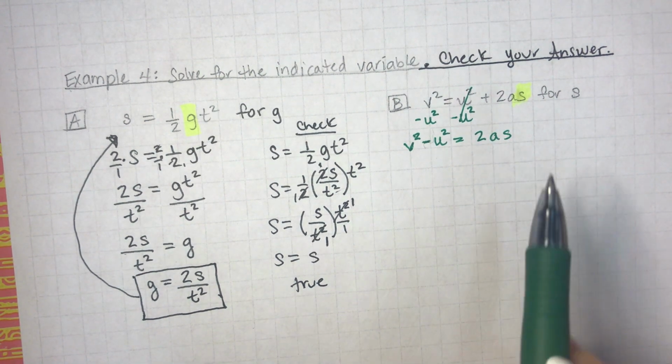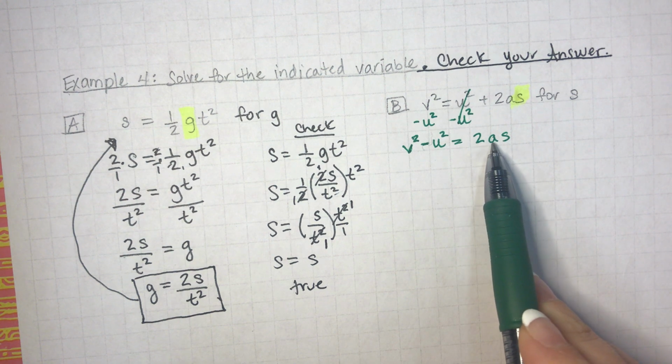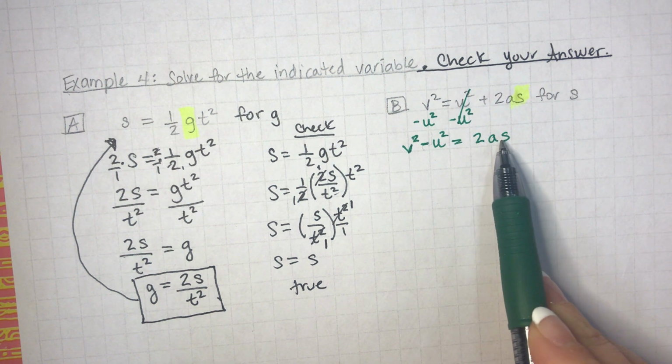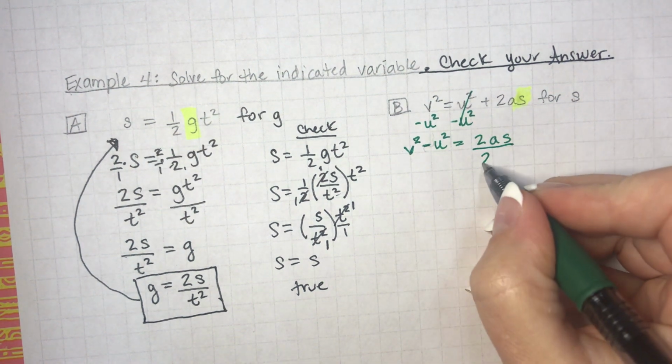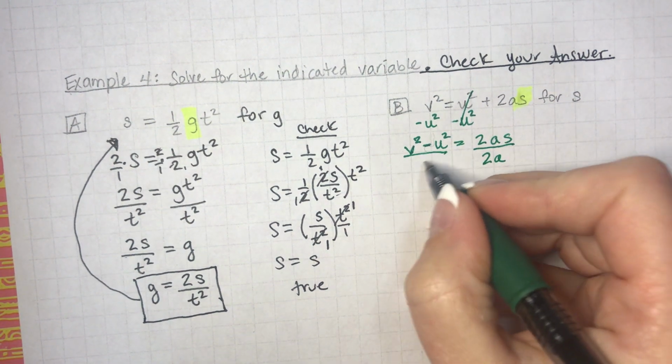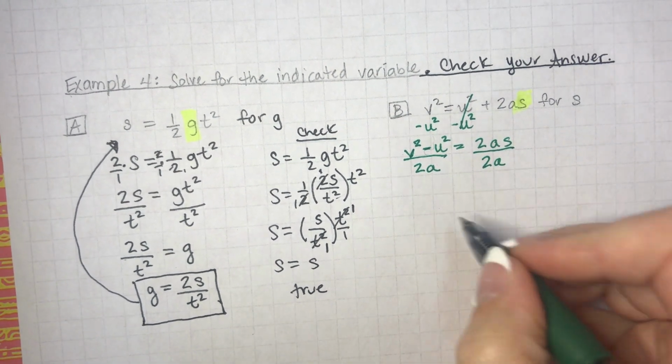Okay, we're still trying to get this s by itself. What's around s? Well, 2 and a. And how are they related? They're related to s through multiplication. So we're going to do the inverse operation, which is to divide both sides of the equation by 2a. Okay, and then we're just going to rewrite.